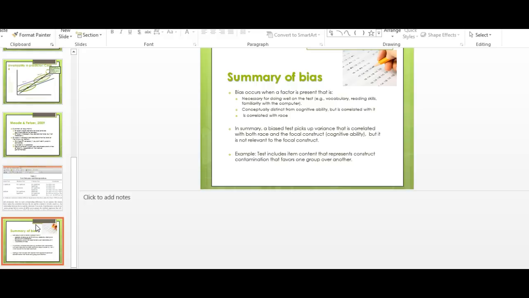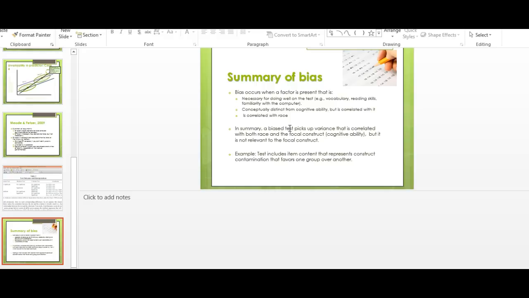In summary, bias occurs when a factor is present that is necessary for doing well on the test, like vocab, reading skills, or things like that, but it's conceptually distinct from cognitive ability, and it is correlated with race or gender or whatever groups we're looking at. So that's the issue.